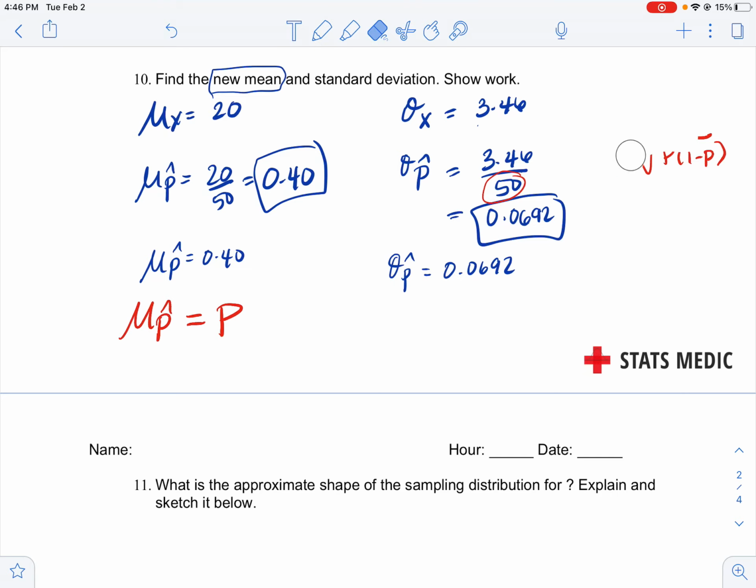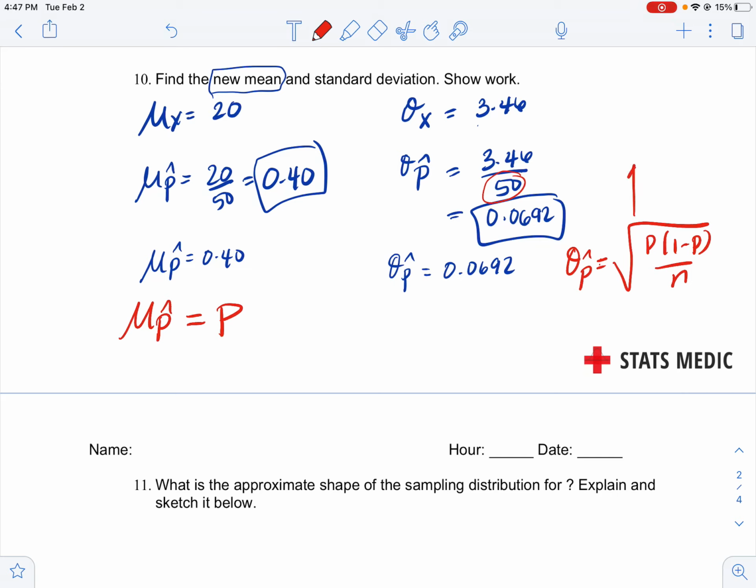So can we just say that the formula for the standard deviation of p hat is the square root of p times 1 minus p over n? Do you think that works?